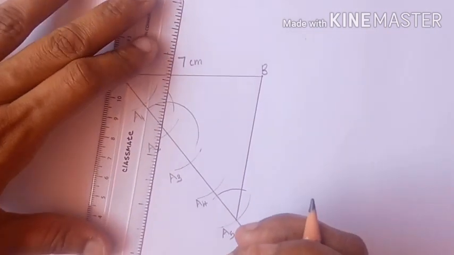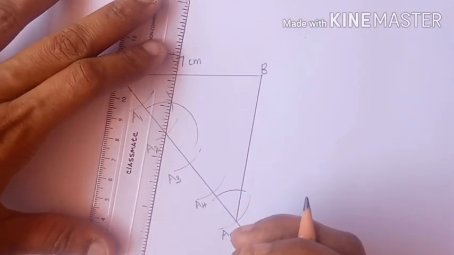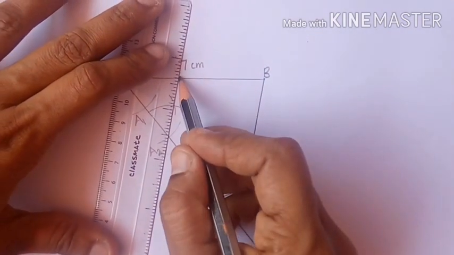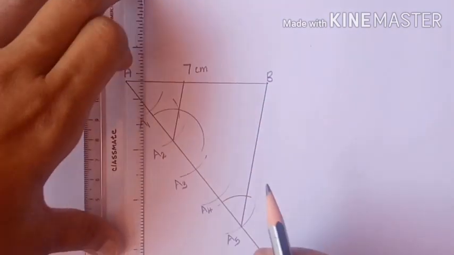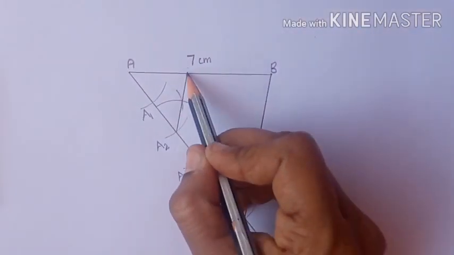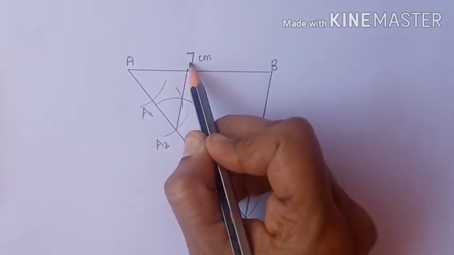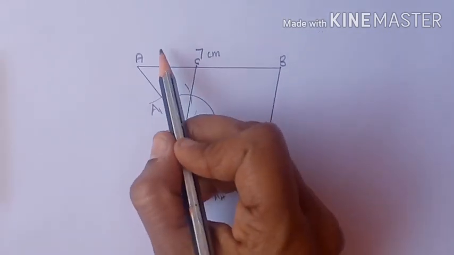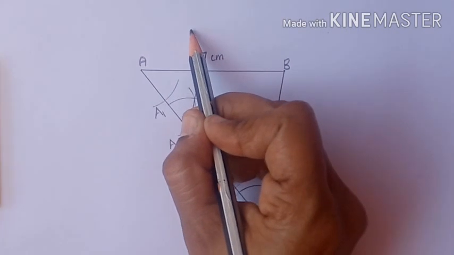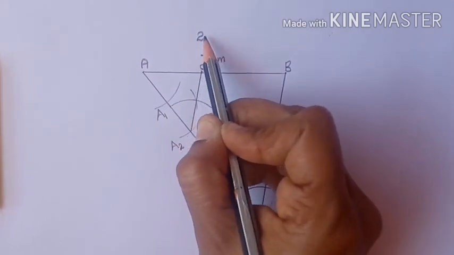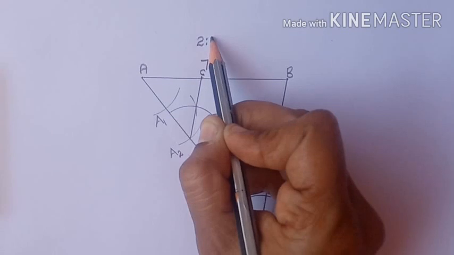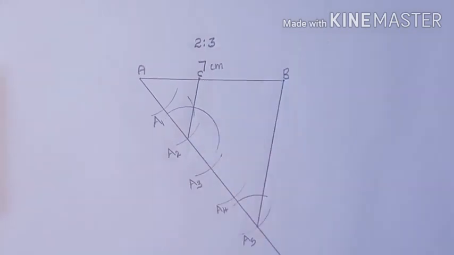Join A2 and the point of intersection of the two arcs. Why have we considered A2? Because we have to divide the line segment into the ratio 2:3. That's why we have taken the point A2. And the line segment meets at C, and AC is to CB, that is 2:3.